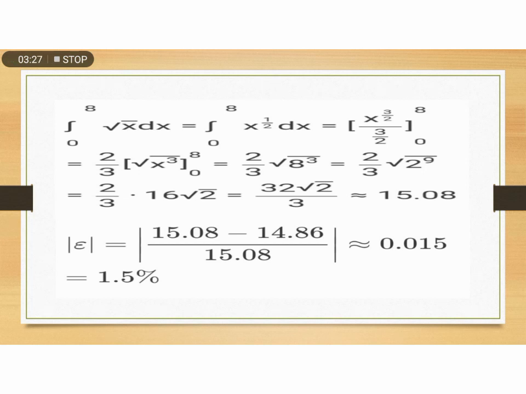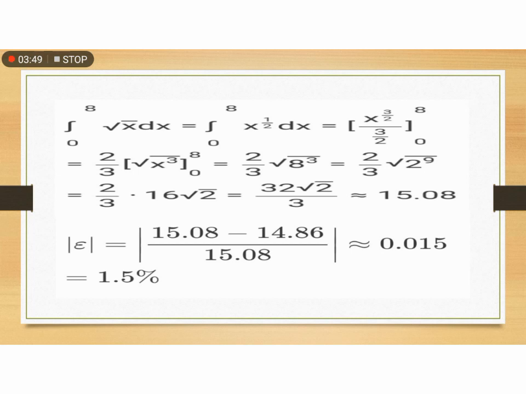So equals 2/3 times the square root of x cubed, which equals 2/3 times the square root of 8 cubed.